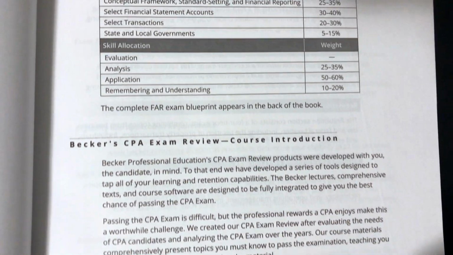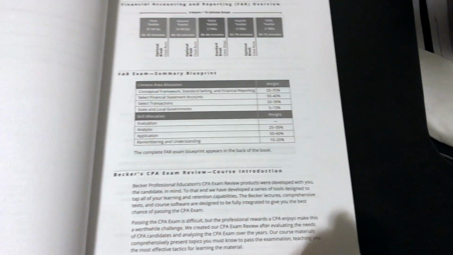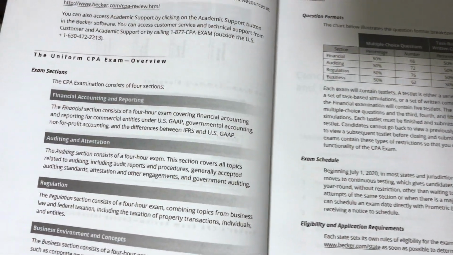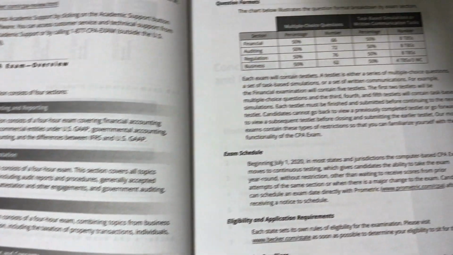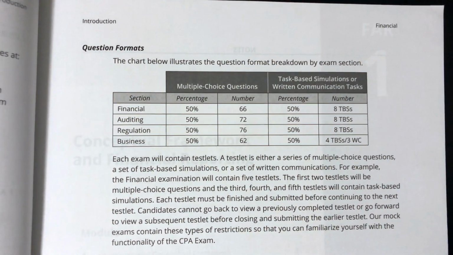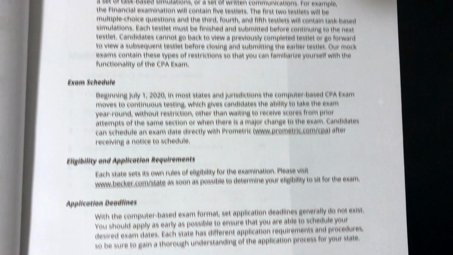Here's the blueprint of the content of the exams, for this one, for FAR. You also get 3, or I think it said 3 to 5 testlets for the simulations. You get 66 MCQs for FAR.